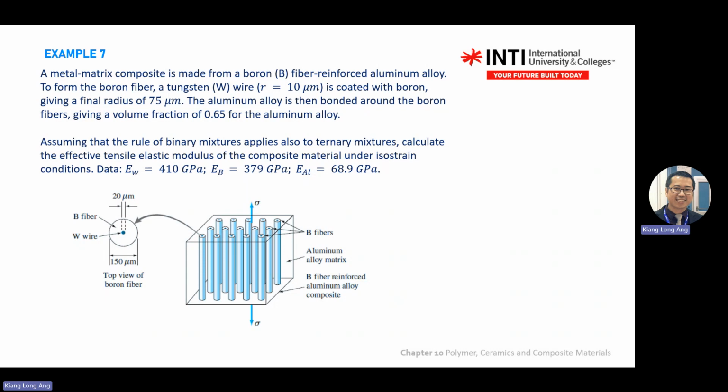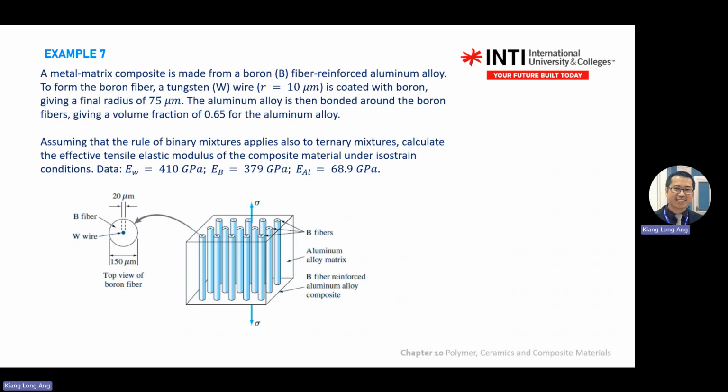So you have fiber and matrix components. Although there is a bombastic word here, composite still only consists of two materials, fiber and matrix. Assume rule of mixtures applies. Means either isostrain or isostress, you need to determine. So calculate the effective tensile elastic modulus of the composite material under isostrain.